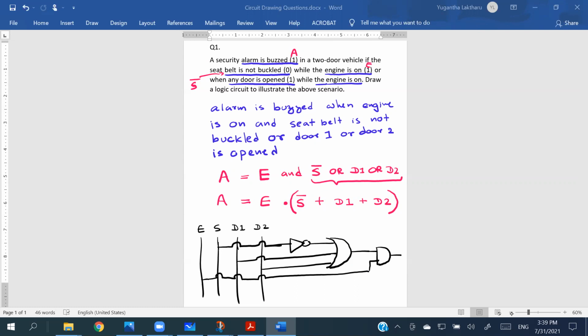Ravidu, if you got the brackets in the correct place and inside the brackets, if you got the three variables in any order connected with pluses, then it's okay, right? So it should always be E dot within the brackets. It can be D1 plus D2 plus S bar or D1 plus S bar plus D2, doesn't matter.